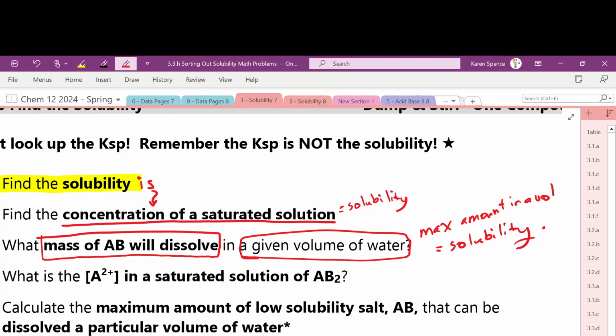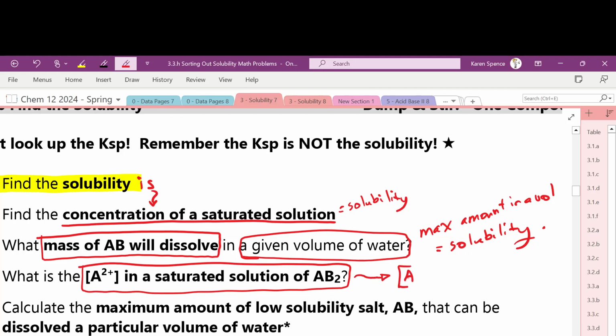What is the concentration of A2+ in a saturated solution of AB2? Well, what you would be doing then is finding the concentration of AB2, which is the solubility, right?